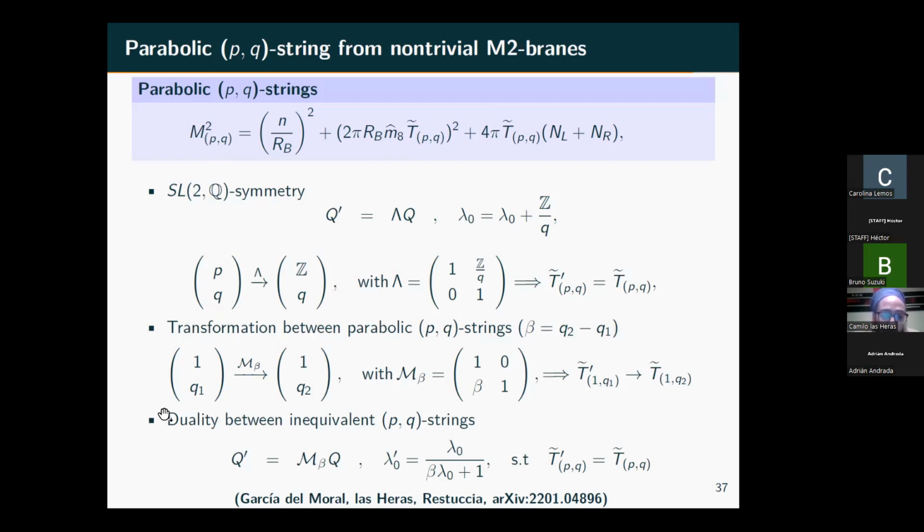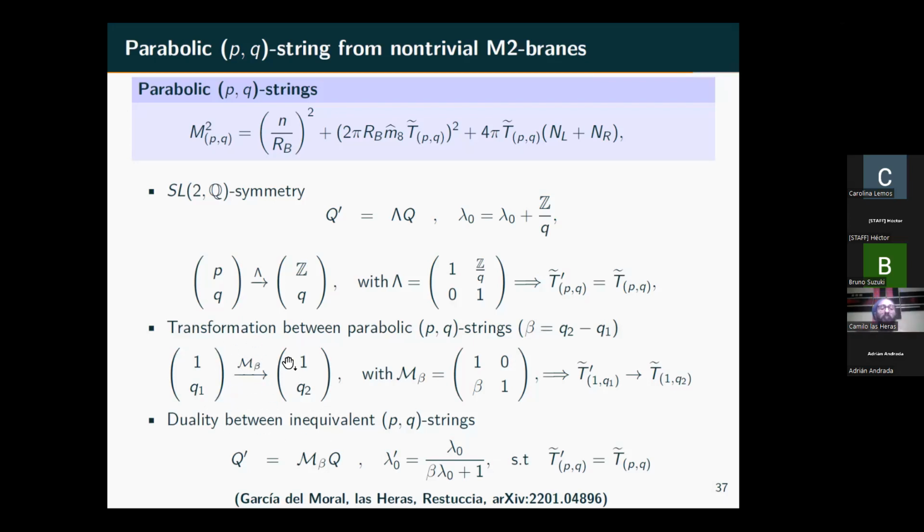Moreover, we can identify some transformation between parabolic PQ string, and there is also a duality between inequivalent PQ string, okay?